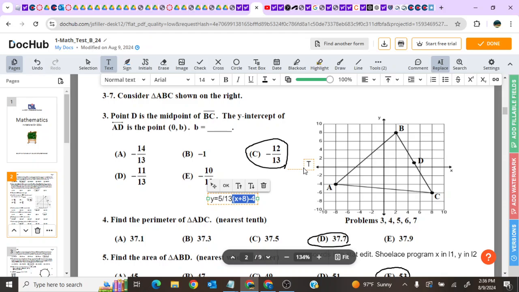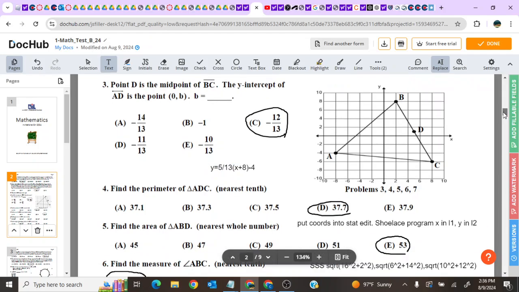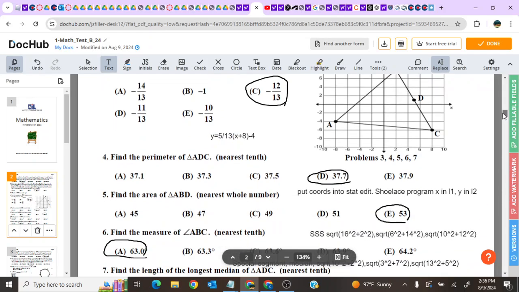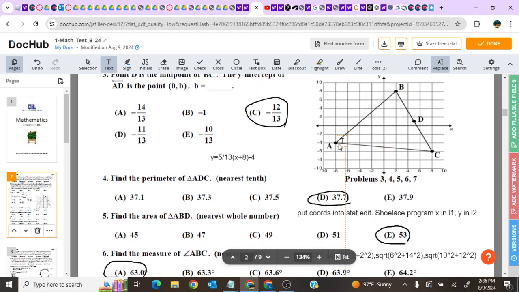Okay, find the perimeter of ADC. There's stuff you can do to figure this out. We'll be using our shoelace program for 4 and 5 because that makes things easier. In this case they want ADC, so you'll put in all the coordinates for A, D, and C respectively.